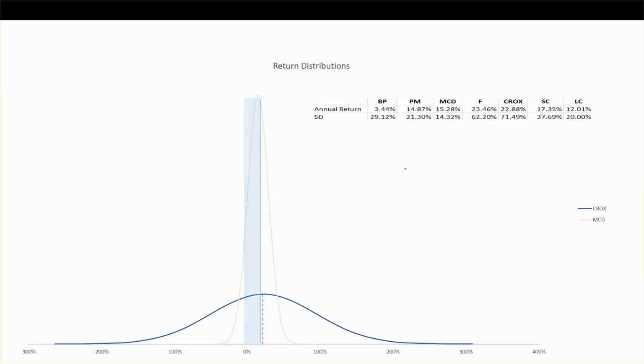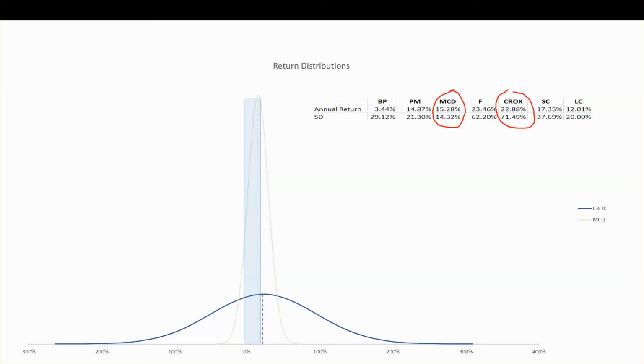In this problem, we're only worried about Crocs and McDonald's. So I'm only interested in these two columns. This 15.28% is the average annual return for McDonald's over a period of, I don't know, 10 years or so, I think is how long I looked at.